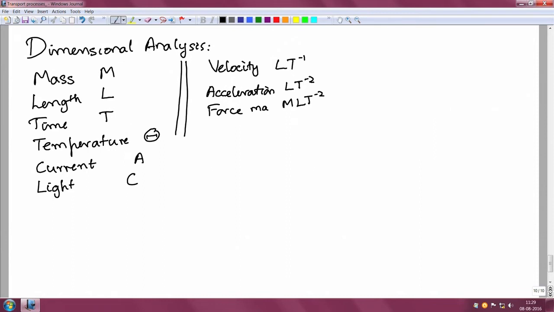Work done is equal to force times distance moved. Therefore, the work done is the force times distance, that is m L square t power minus 2. And similarly, energy also has the same dimensions as work.